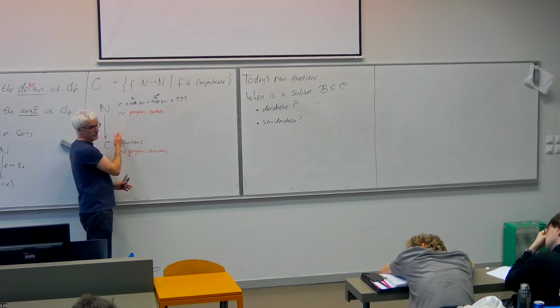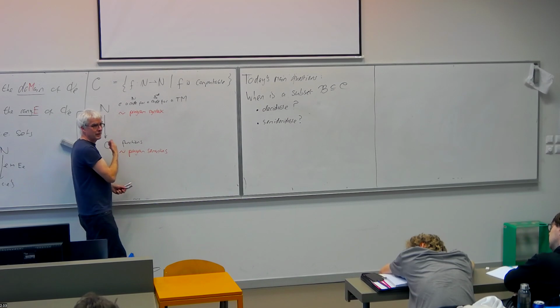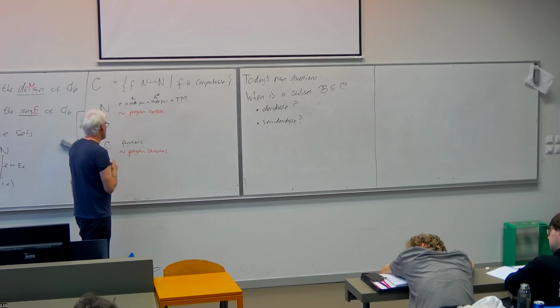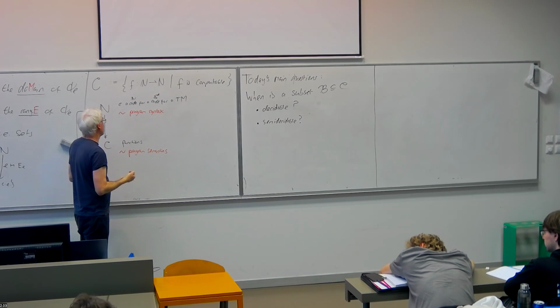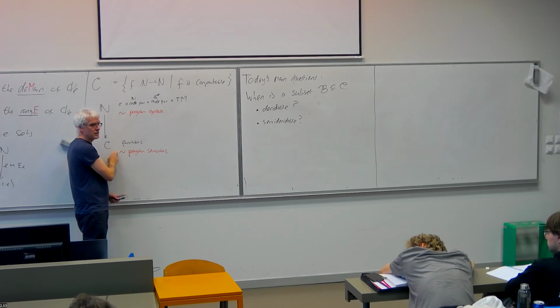But if we remember the lecture on representations, we already know what it means, but I'll expand in detail what it means in this case. Essentially, if it's decidable here, what it means is, given some program syntax, namely a number E, we have a decision procedure that will tell us yes, this program is indeed a program for this particular function, or no, it's not a program for this particular function.